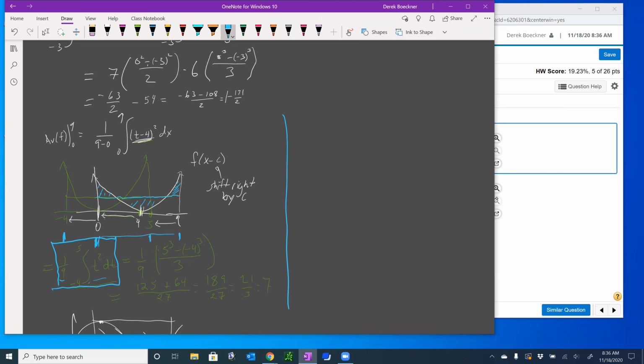So if I want to integrate, I can still do 1/9 integral from 0 to 9 of (t minus 4) squared dt. But what I'm going to have to do is expand that out. So you've got 1/9 integral 0 to 9 of t squared minus 8t plus 16 dt.